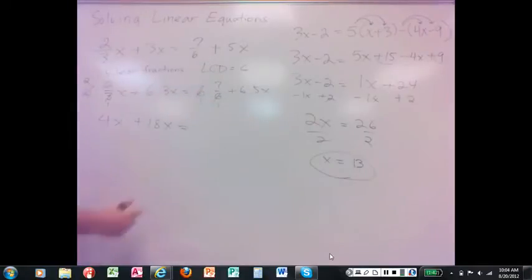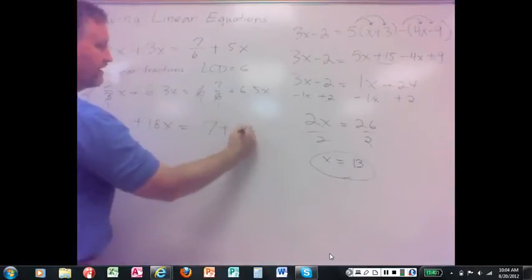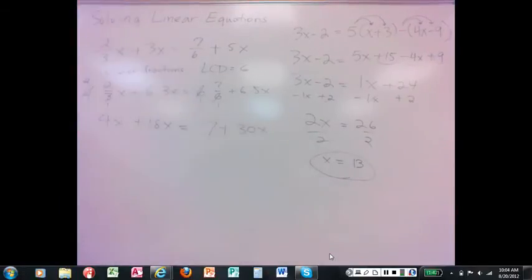So here I have 7. And then 6 times 5x gives me 30x. So I go from fractions to one with no fractions, and that can be helpful sometimes. So that's what we recommend on those. All right, so what have I got? Well, I got 22x, because those are like terms.